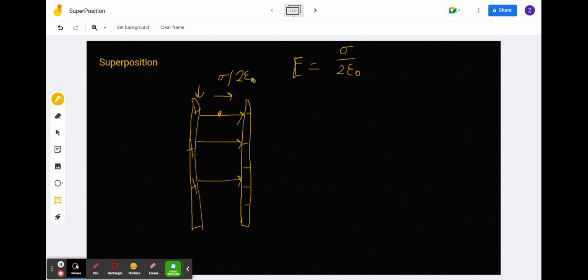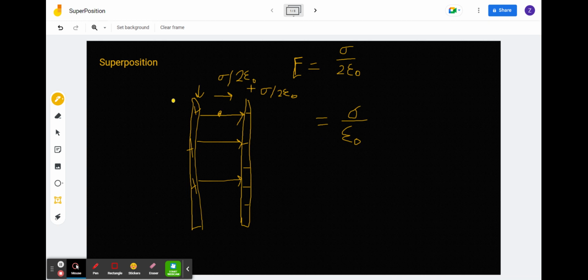But then the negative plate is also providing that same field strength of sigma by 2 epsilon naught to the right, since the distance from the plate doesn't matter for the field strength in this case. So it'd be sigma by 2 epsilon naught plus sigma by 2 epsilon naught, meaning that the field strength in the middle is equal to sigma by epsilon naught, because if you add them up, that's what you get.